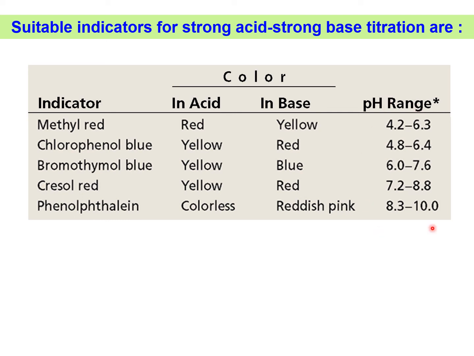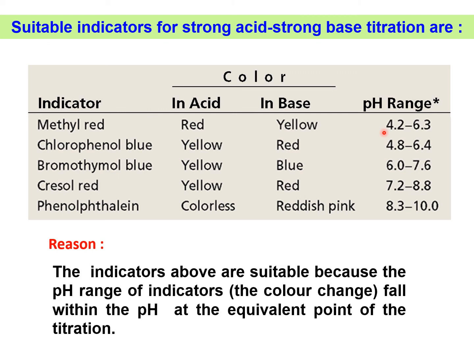Why are they all suitable? If you look at the colour change of the indicators, all of them are between pH 3 and 7. So the reason here: the indicators above are suitable for titration of strong acid and strong base to determine the endpoint because the pH range of the indicators' colour change falls within the pH at the equivalence point of the titration.